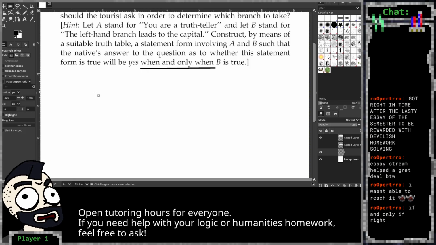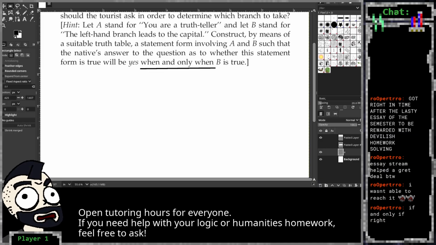The problem comes when we don't know if the person is a knight or a knave, a truth teller or a false sayer. If we knew that the person in front of us was a truth teller, we would just ask, hey, is the road that leads to the capital the left one?